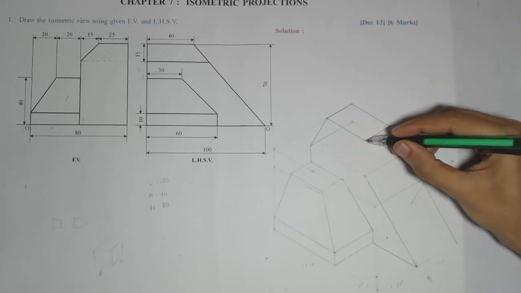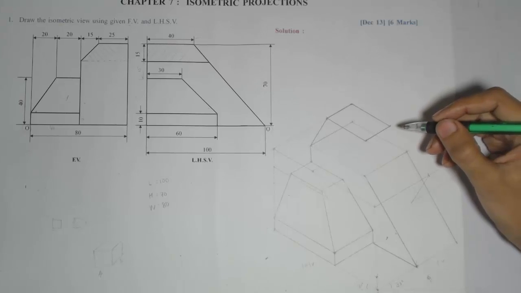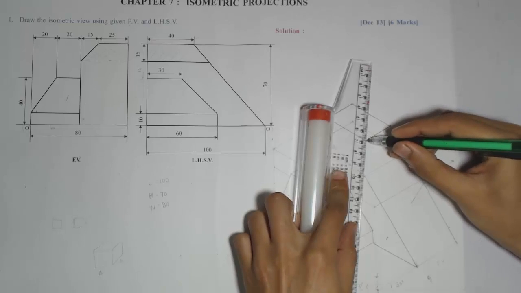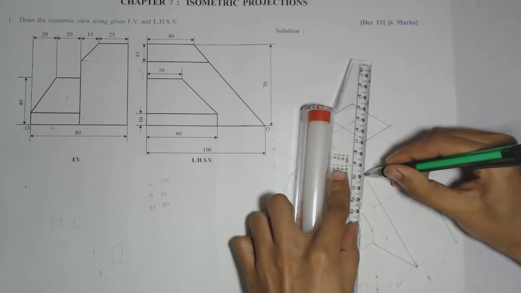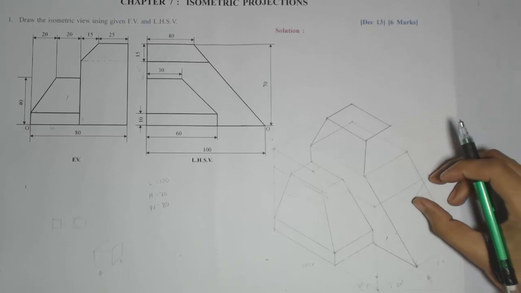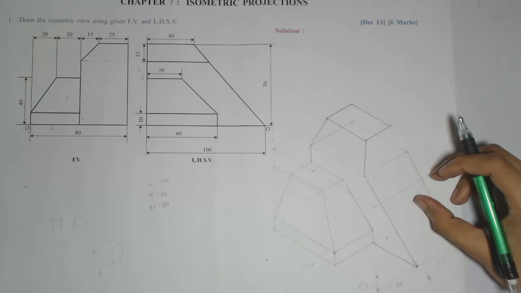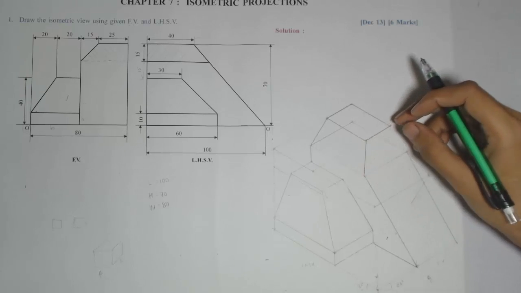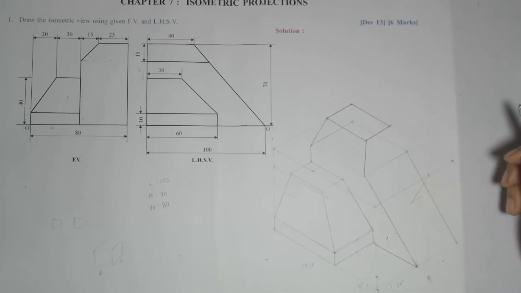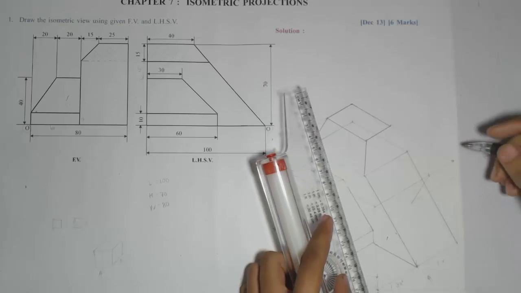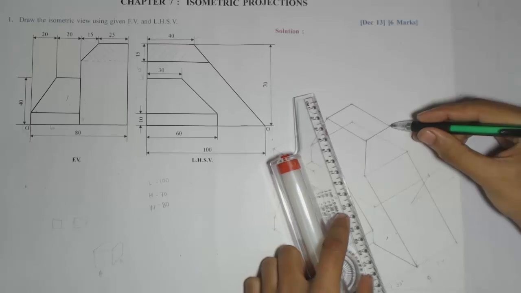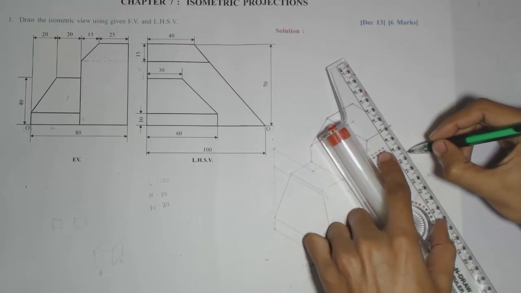Again from this corner I need to join to this corner. So this will give me this apparent inclined line, because when I'm projecting this, it will be projected in front of you as this inclined line. Now again for this height of the trapezium, this corner should be joined to this.